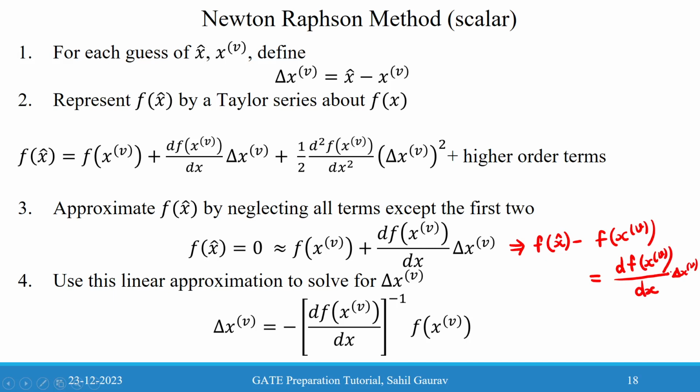Delta f(xv). So on substituting f(x) is equal to 0, you will get minus of f(xv) by delta xv.